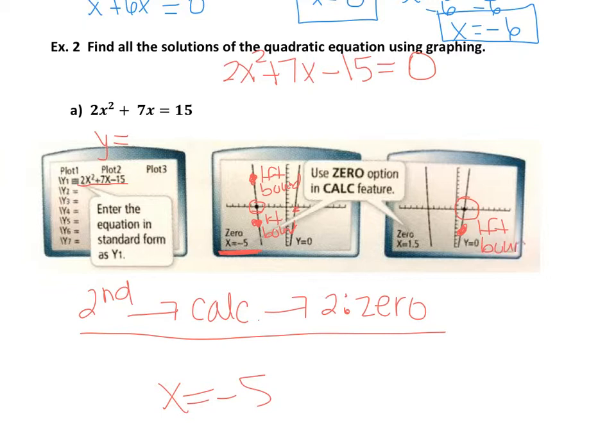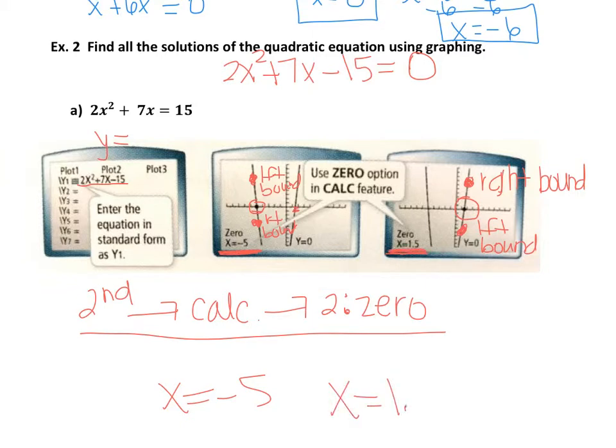So you'll want to stay underneath for left bound, hit enter and drop a pin down, and then scroll up above the graph somewhere, above the x-axis. That's your right bound. Drop a pin down and then hit enter to guess, and this will be your other solution.